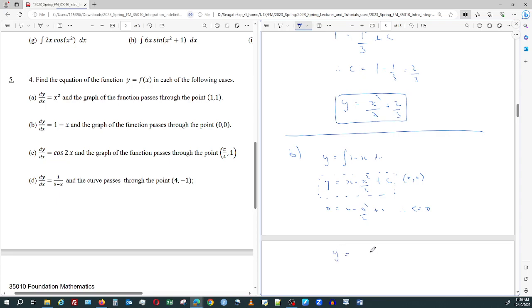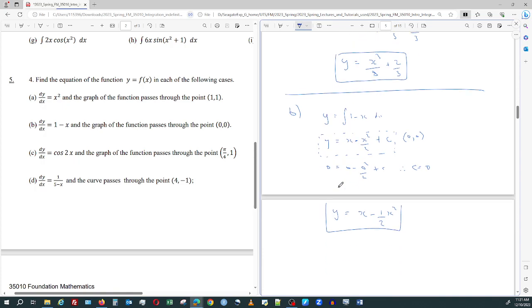So we get x minus x squared on 2, or half x squared as I've been writing them previously, and that's the particular solution for that particular problem with those initial conditions, IVP. They represent your initial value.